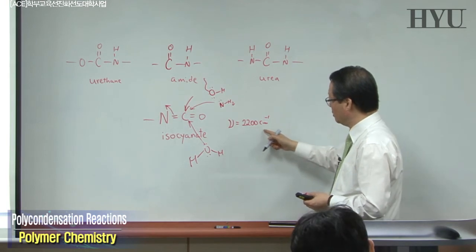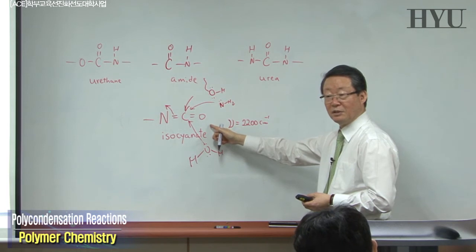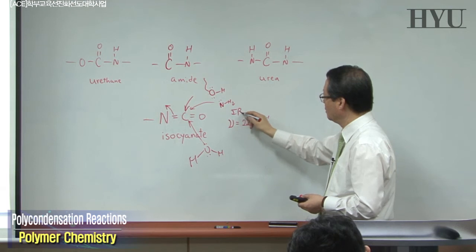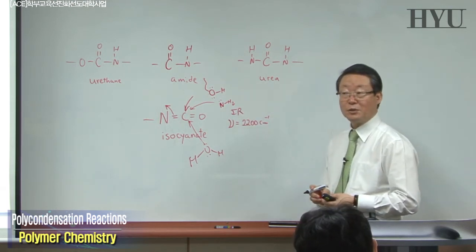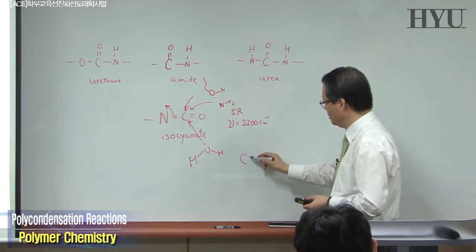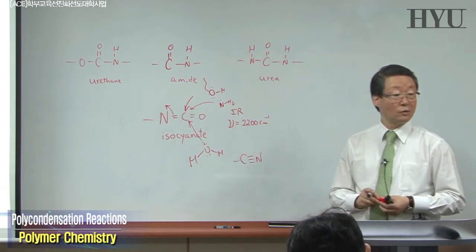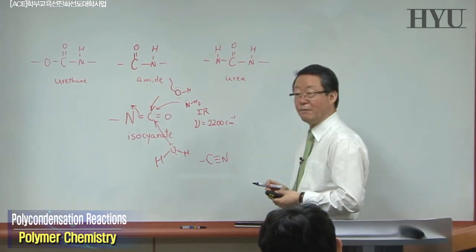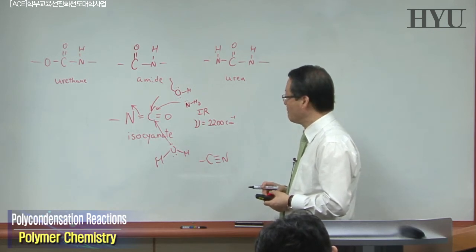This characteristic peak is very intense in the case of isocyanates in your IR. At this 2,200 reciprocal centimeters, you can also find a CN group, for example in acrylonitrile, at the same wave number.